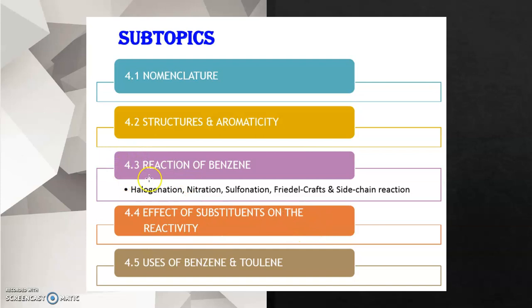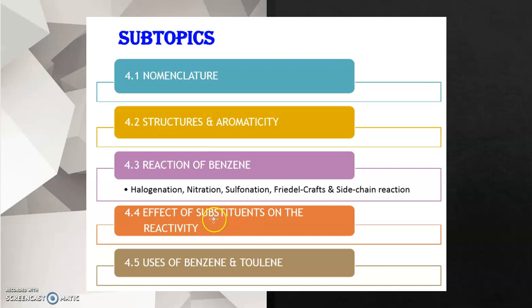So for 4.3, reaction of benzene, this is benzene alone reacting with halogen, nitric acid for nitration, sulfonation, Friedel-Crafts acylation, and also Friedel-Crafts alkylation. So benzene alone reacts with these, but when benzene already has a functional group in its structure, and another atom or compound wants to enter the structure, we have to look at 4.4, effect of substituent on the reactivity.